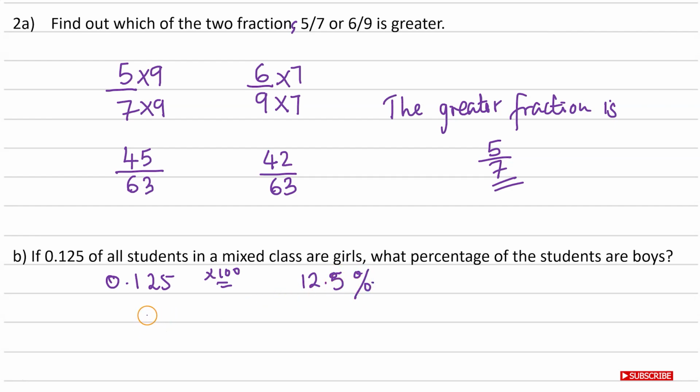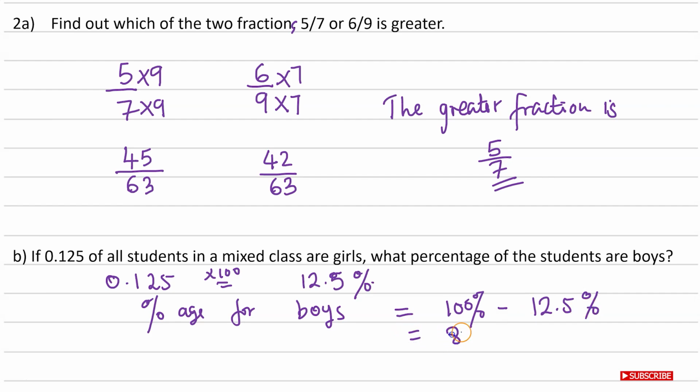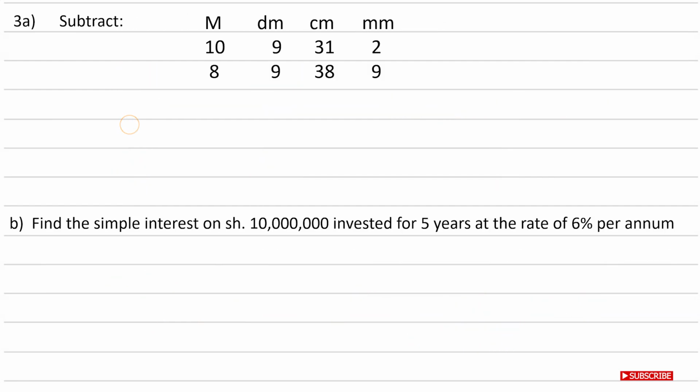So that means the percentage for boys is going to be equal to 100%, take away 12.5%, which is equal to 87.5%.